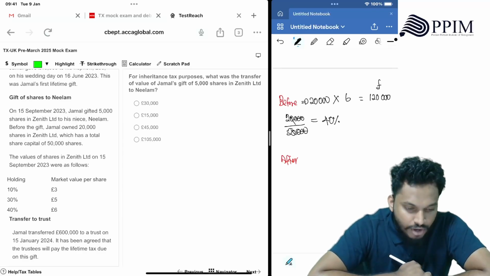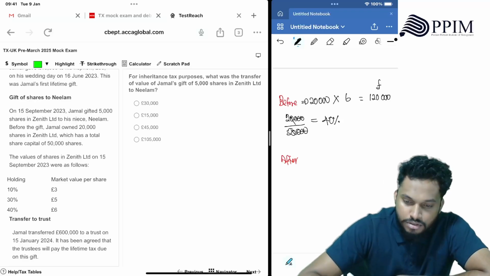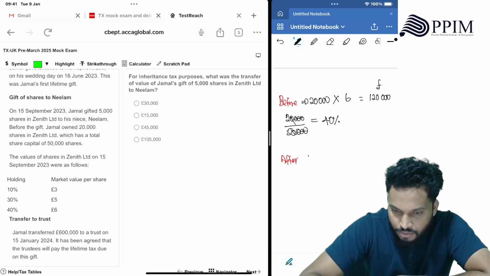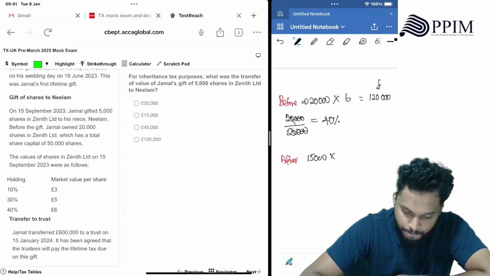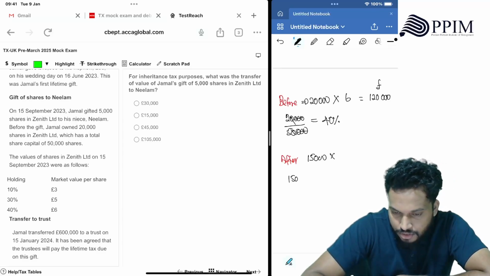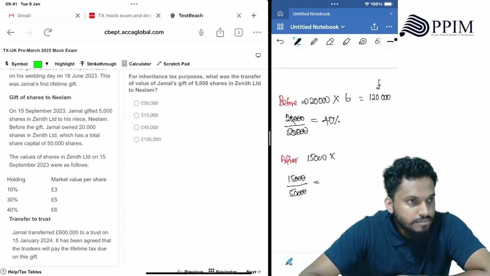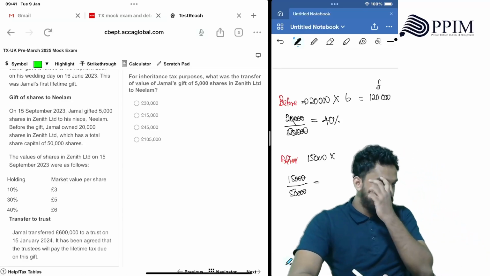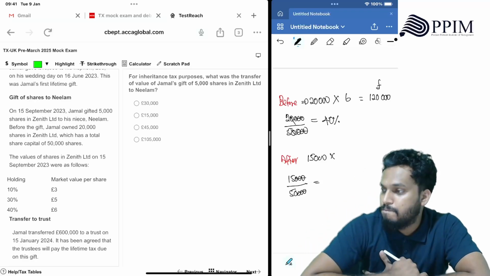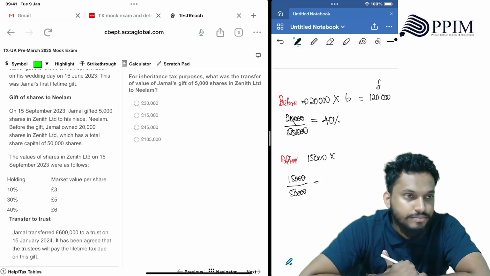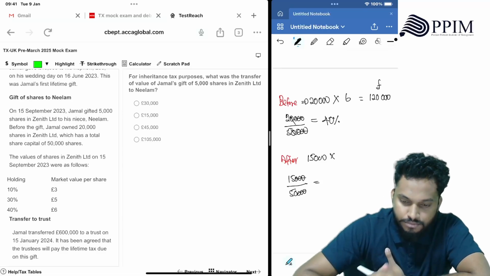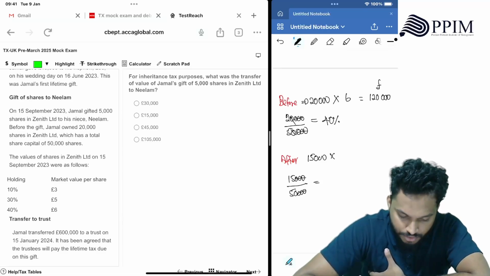So after the gift, how much are you transferring? 5,000. So if you are transferring 5,000, after that there will be 15,000 remaining. At what price do you need to find? So this 15,000 out of the total 50,000 shares, if you divide, what percentage are you getting? 15 divided by 50.